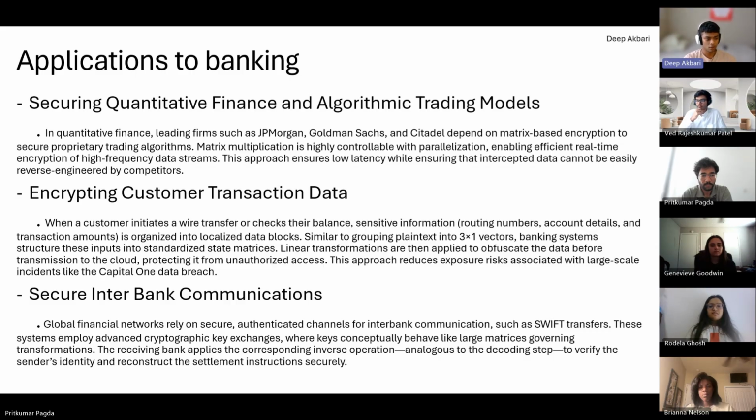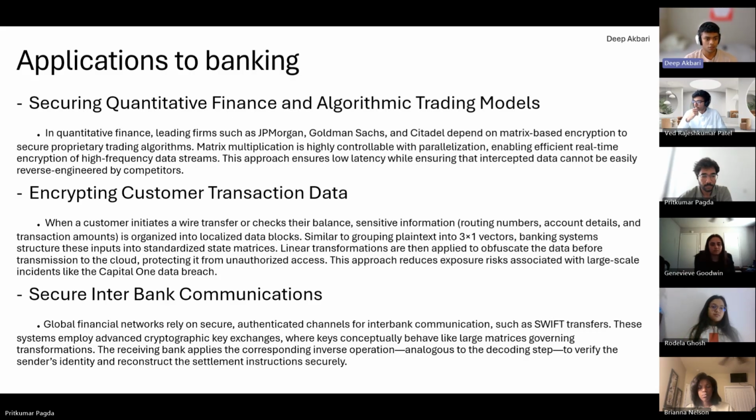Not only this, the final matrix-based feature that I would be talking about is secure interbank communication. At a macro level, a lot of global financial networks depend heavily on matrix-based cryptography for interbank communications. One example is Swift transfers.